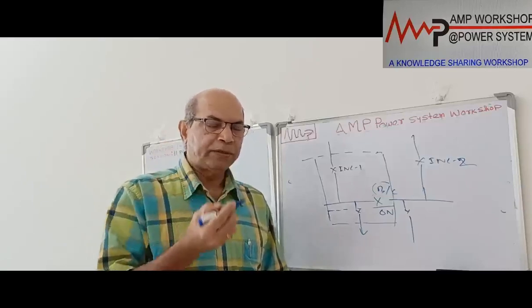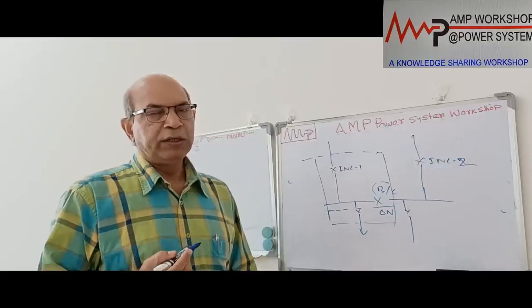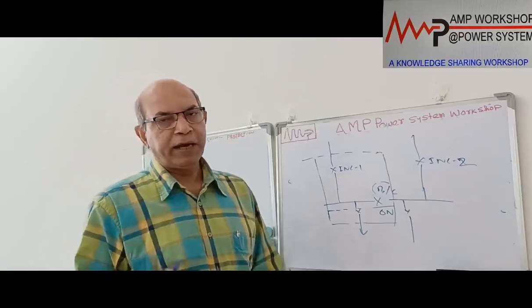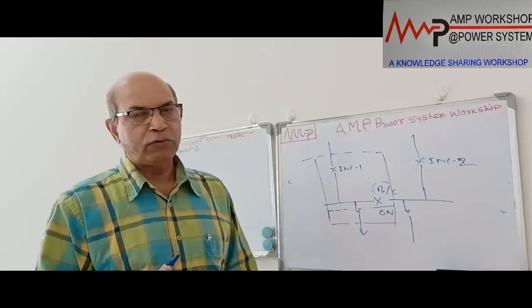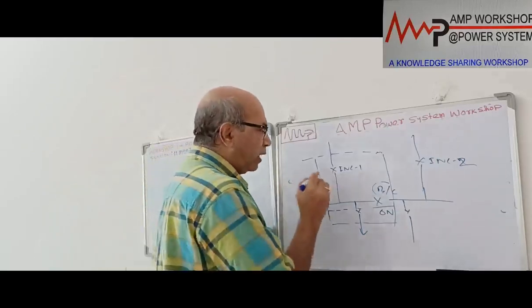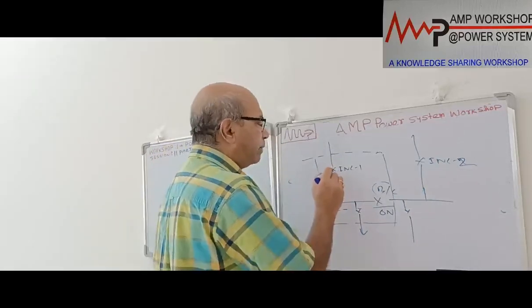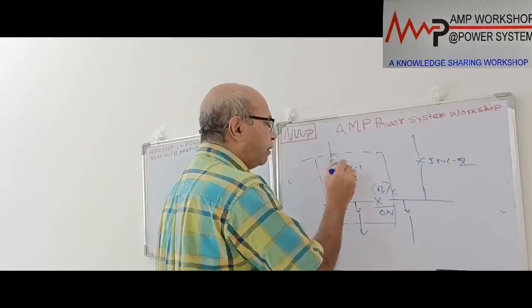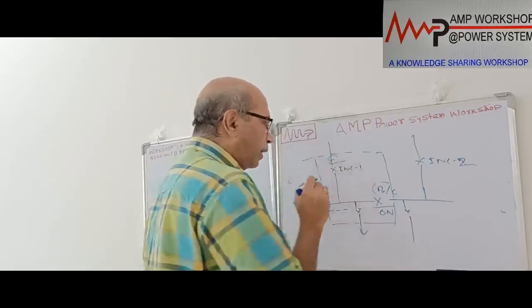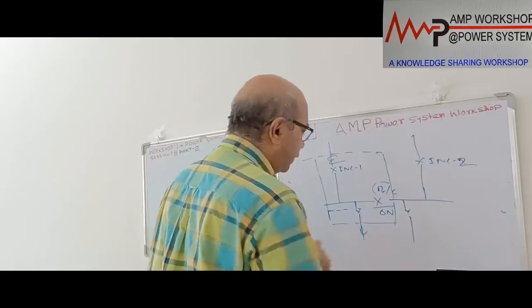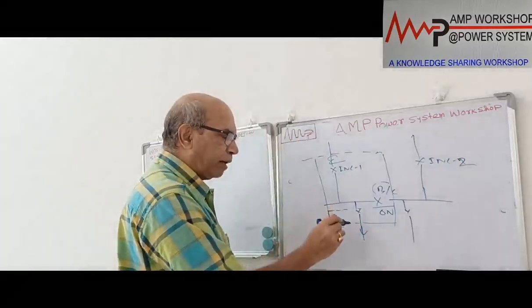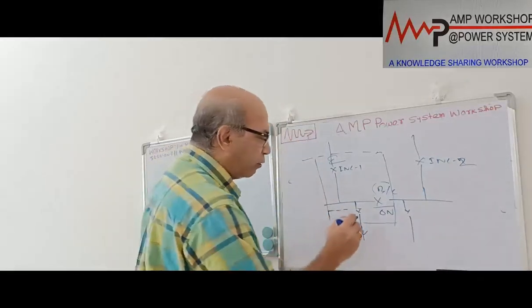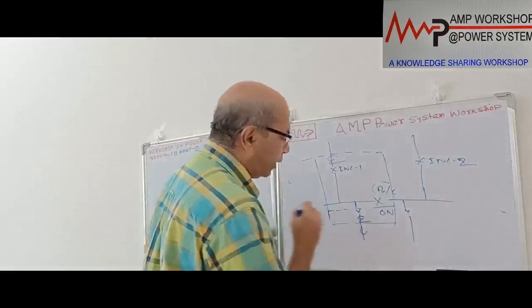But for the load side, the CT will be located after the breaker, away from the busbar, towards the load. So in the case of the incomer, the CT will be located away from the busbar and after the breaker towards the source. That means the CT will be located over here. In the case of the outgoing feeder, the CT will be located close to the breaker but away from the busbar towards the load. That means the CT will be located over here.